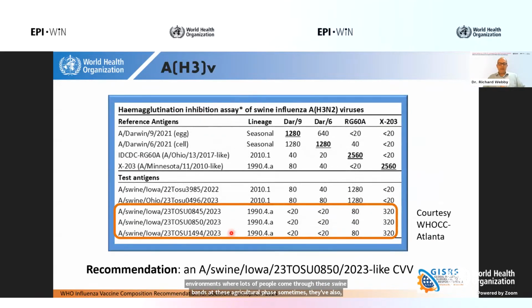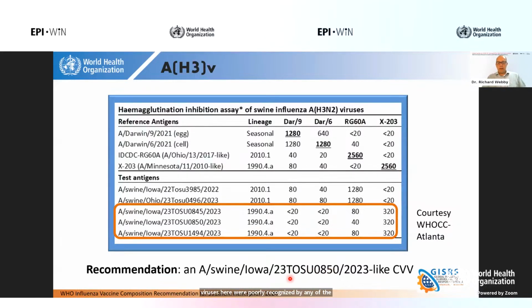Although we didn't have the virus from that particular human case, there were some viruses detected in these agricultural fairs around where that human case occurred. They belong to a couple of different genetic lineages here. So these numbers here refer to lineages of these swine viruses, and doing the same thing here, looking at these numbers in bold here and looking at how much smaller these numbers are than those numbers, you can see that really this current group of H3N2 viruses here were poorly recognized by any of the candidate vaccine viruses that we have, or anti-serum to those candidate vaccine viruses.